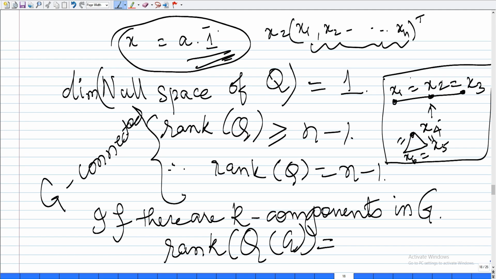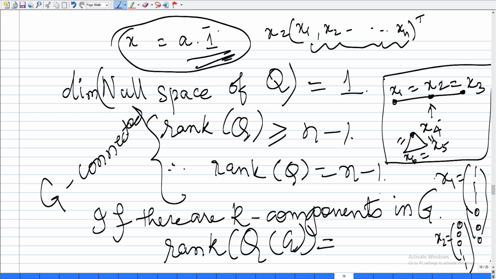Say for x1 to x6, I can have the first vector be 1 for the first 3 entries and then 0 for the last 3, and the second vector could be 0 for the first 3 entries and 1 for the last 3, right. So, these 2 vectors could jointly generate all possible vectors that satisfy my criteria, because the only criteria is that x1 equal to x2 equal to x3 and x4 equal to x5 equal to x6, right.